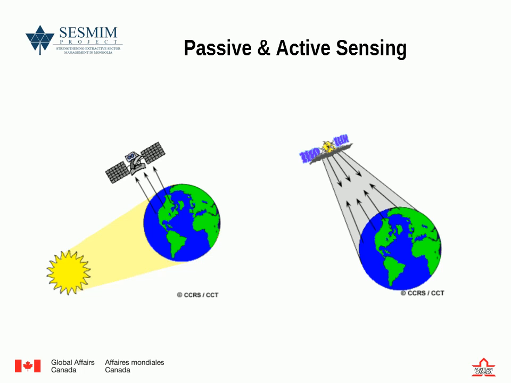So the Canadian government supported the development of RADARSAT. RADARSAT is basically an active sensing radar. It uses microwave, it penetrates cloud, and it can spot icebergs. So it can warn the ships that there's an iceberg ahead because it can see it.